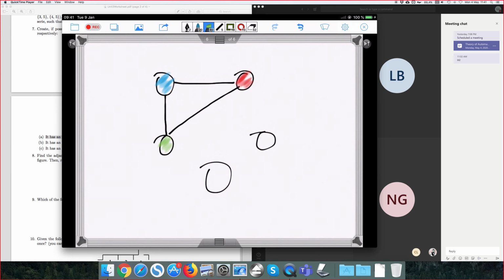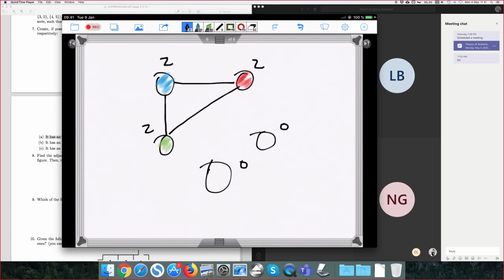And I need to include a 4th edge. But the problem now is that this is a vertex of degree 2. This is a vertex of degree 2. This is a vertex of degree 2. And these vertices have degree 0. And I'm forced to have these three edges like that because of the non-two-colorable condition. And when I try to add a new edge, I will increase the degree of 2 of the vertices.